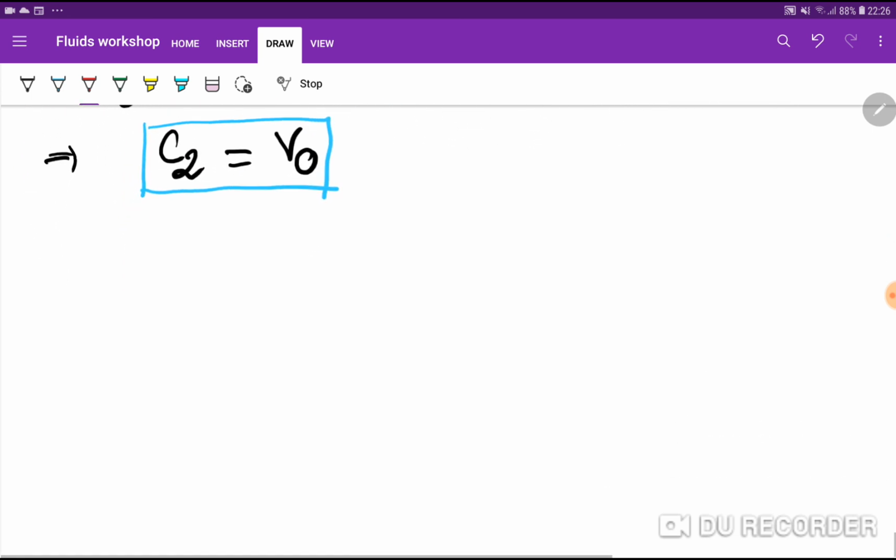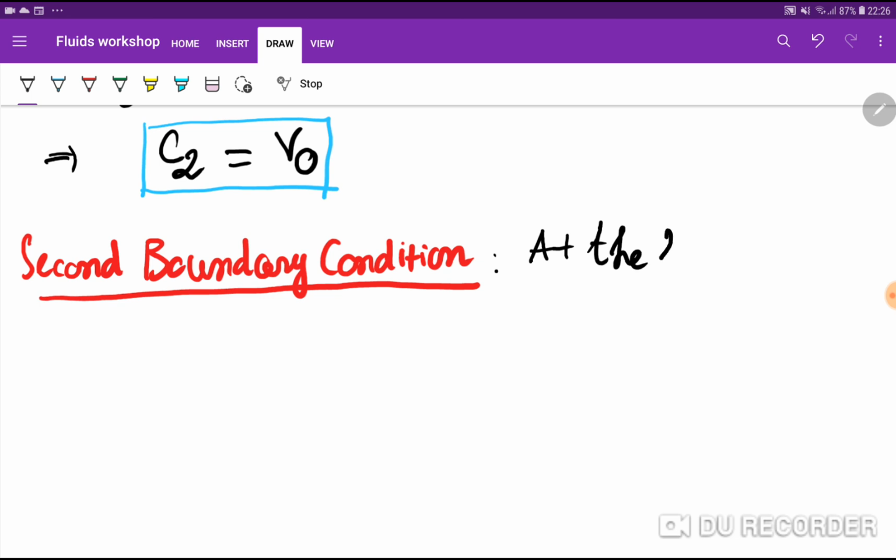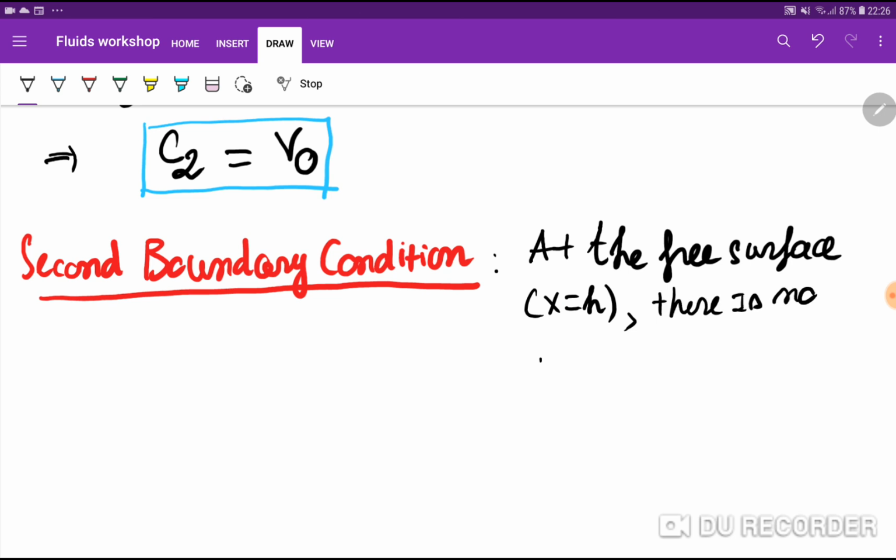Second boundary condition. What is it? At this free surface, or in terms of mathematics at x equals h, there is no shear stress.